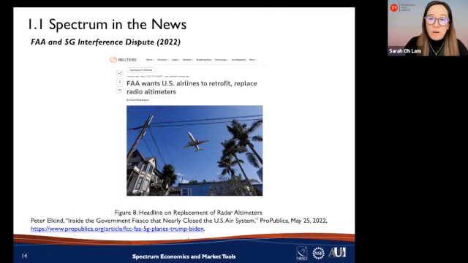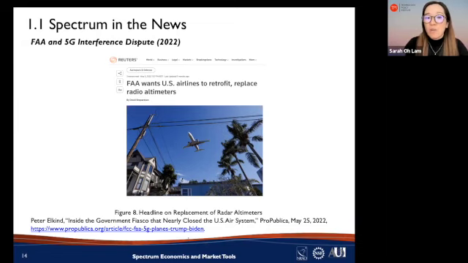And so this gives you a good example of how there are disputes about who bears the cost of upgrading their technology.